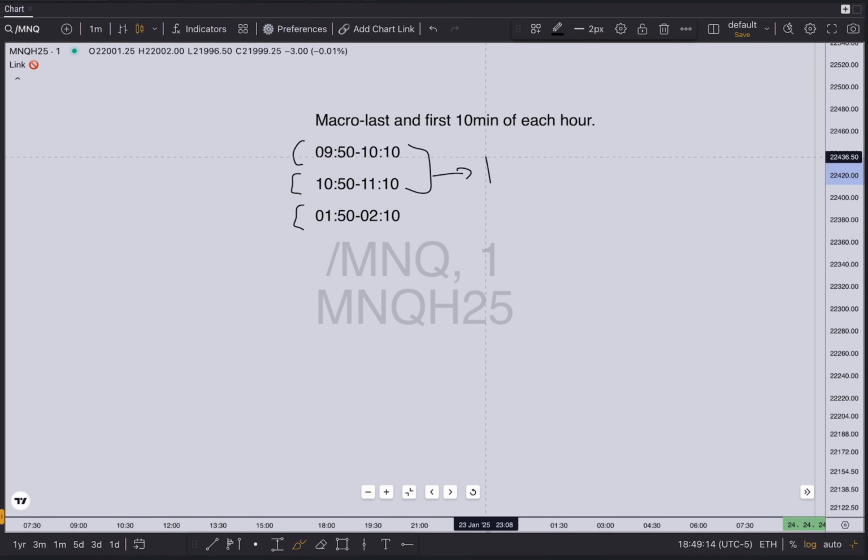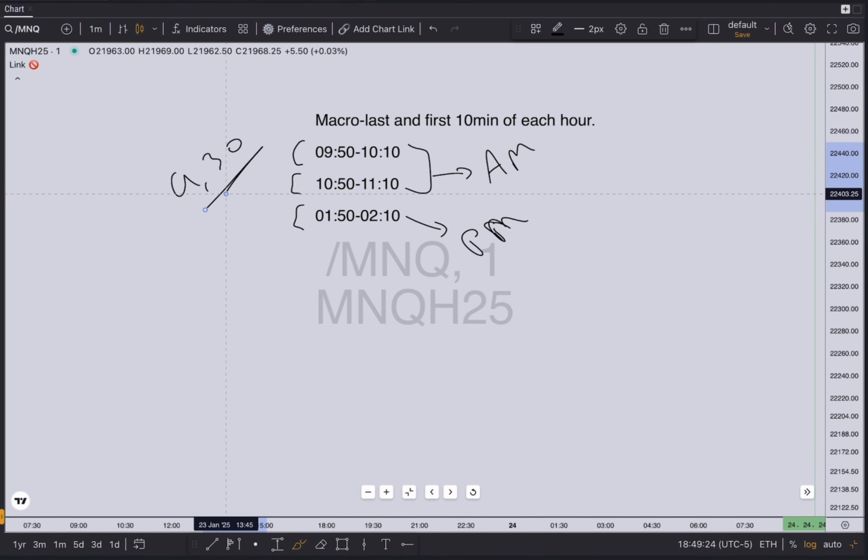These two macros are in the AM session. This macro is in the PM session, obviously, because the market opens at 9:30. So the first two macros are considered in the AM session, and the last one is considered in the PM session.